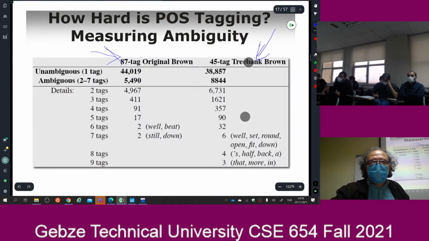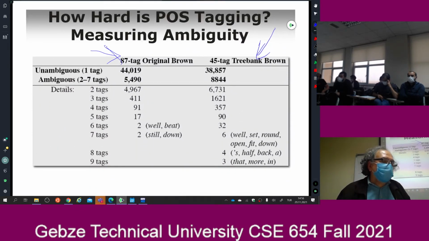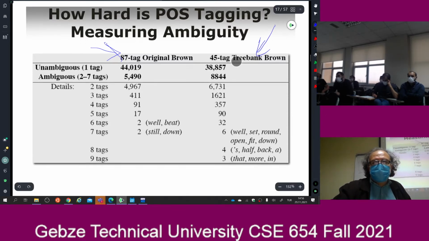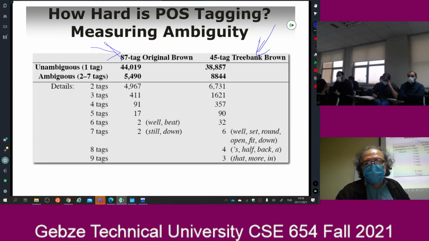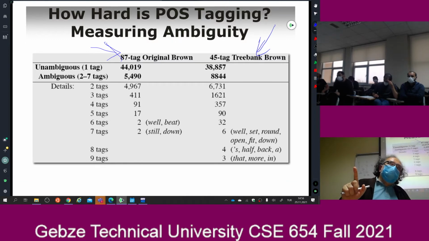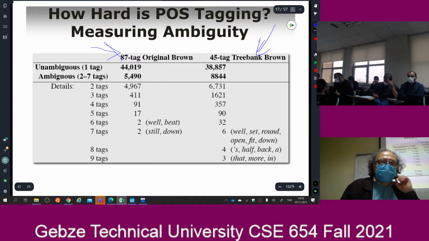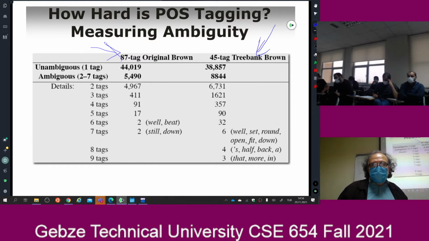How hard is part of speech tagging? Remember, the Treebank has 45 tags. If I mark the same set with the original 87-tag Brown tag set, this is what happens. Let's say in my dictionary I have about 50,000 words.